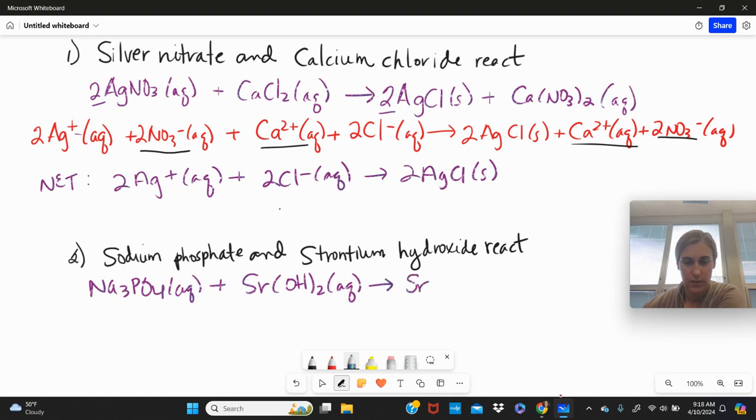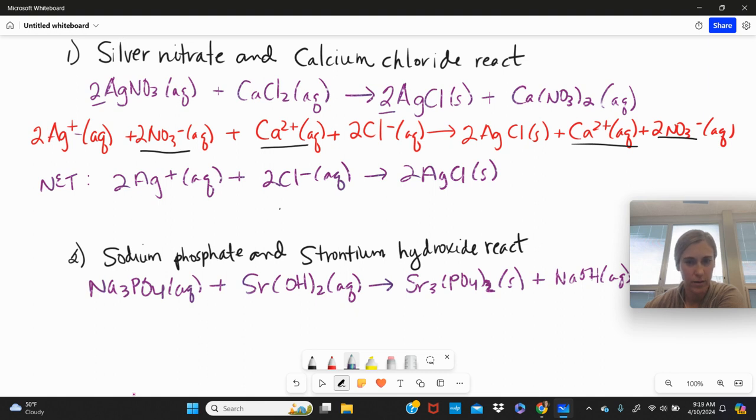And it doesn't matter what order I write this in. That is my solid. Oops, that should be a 2. Okay, and then sodium hydroxide remains AQ. Okay, we need a balance for sure. We have 3 here. We only have 1 here, but then I'm looking at the hydroxide.